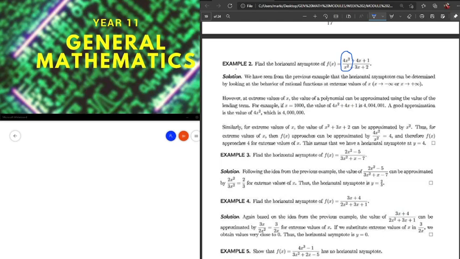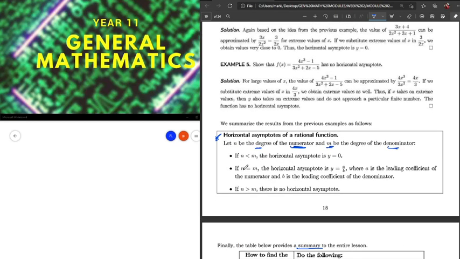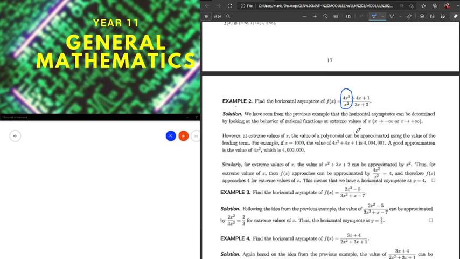So what are we going to consider here? We use letter B, where n equals m. Therefore, we make use of the leading coefficient of the numerator and the denominator, which is 4 over 1, or that is equal to 4.